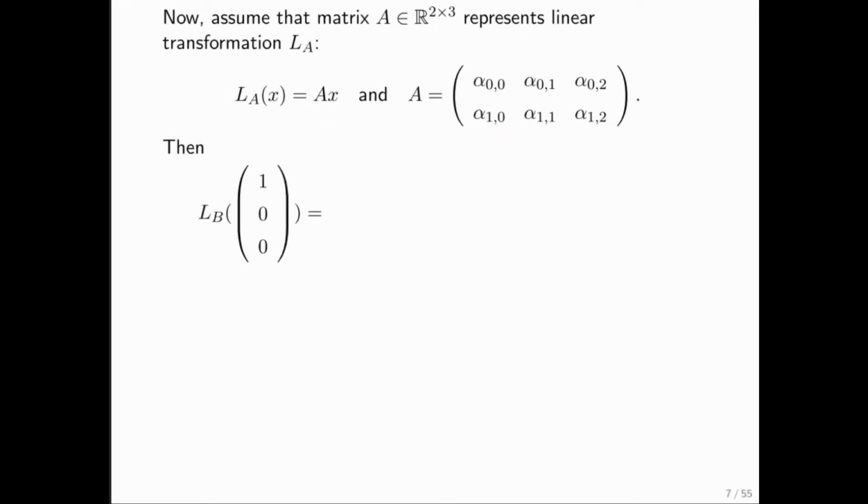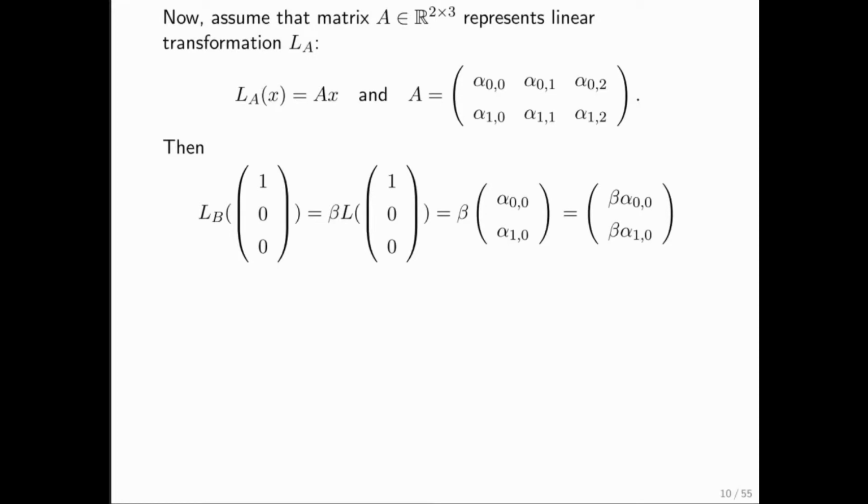Remember, what you do is you put in the first unit basis vector and you see what it evaluates to. Well, what we have to do is plug that into L sub a and then multiply the result by beta. But we know how to evaluate this. This is just equal to the first column of A. That's how the matrix A was defined. So we get this right here.